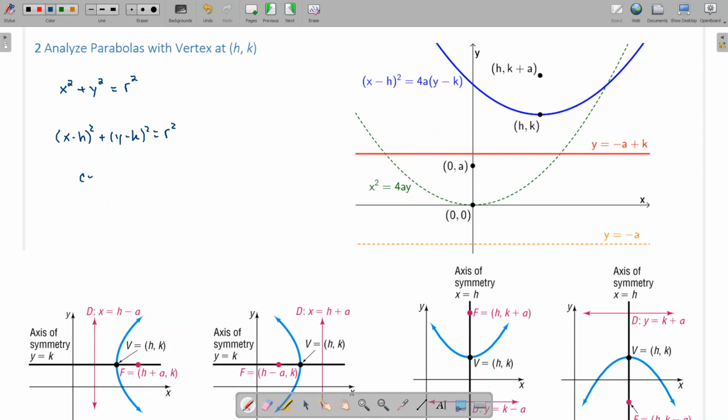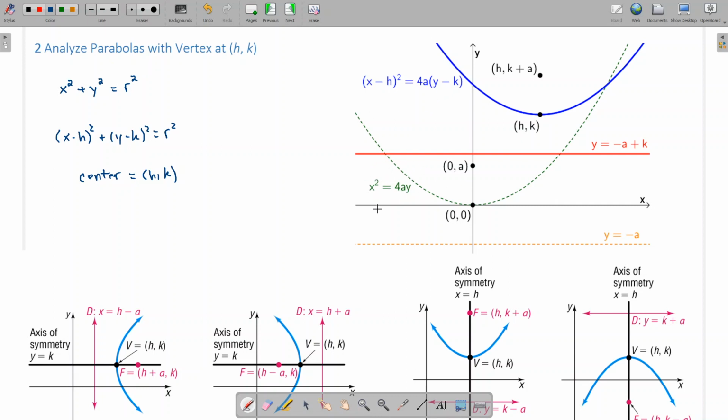The center for that circle was the point (h, k). So the idea was, if you were going to move it h units to the right, you subtracted h from the x. If you were going to move it up k units, then you subtracted k from the y. The same exact procedure works for a parabola.